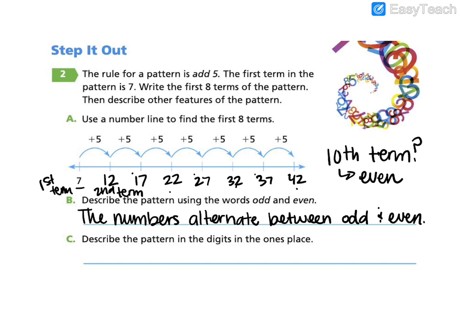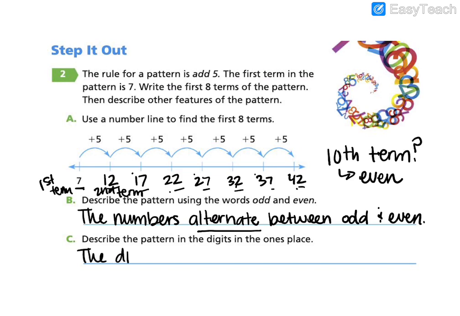Now there's another pattern happening here. What's happening with the digits in the ones place? 7, 2, 7, 2, 7, 2. The digits in the ones place are either 7 or 2. And just like odd and even, they alternate.